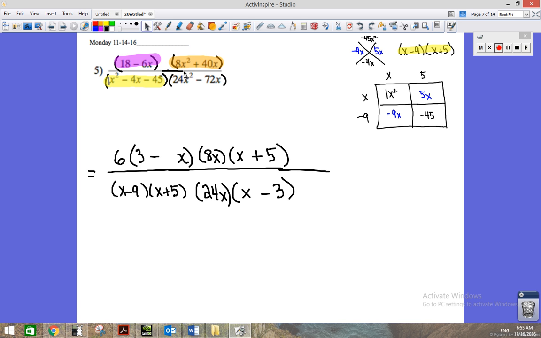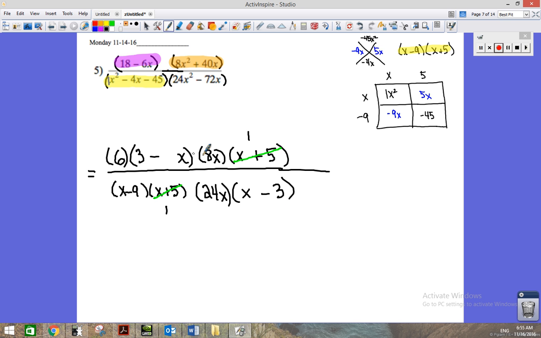So do we see things that cancel, that divide to 1? Well, this number x plus 5 divided by this number, since this is all multiplication, I have this in parentheses, let's even put the 6 in parentheses, then these numbers divide to 1. Because this is all multiplication. We're multiplying these things that are inside the parentheses times the other things inside the parentheses.